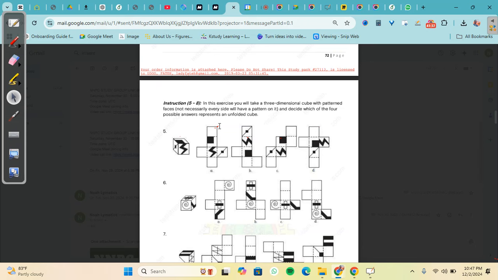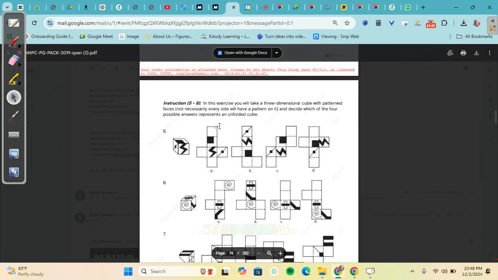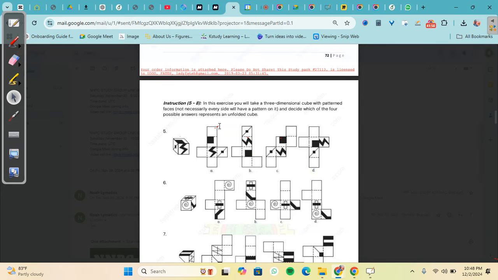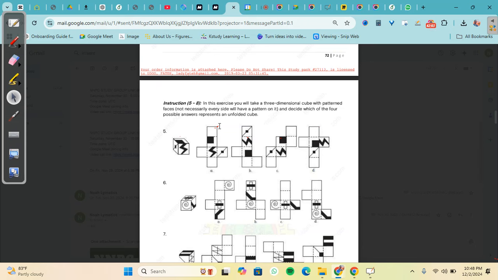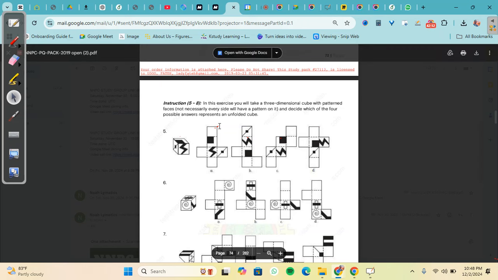It's not A, right? Okay. Even if I try to rotate this up, that means this box will be at the bottom, and it's definitely not going to look like the shape. So A is wrong. What of D?